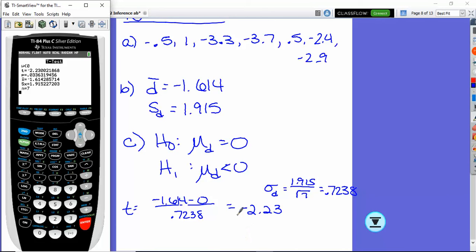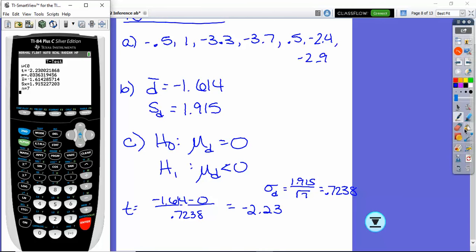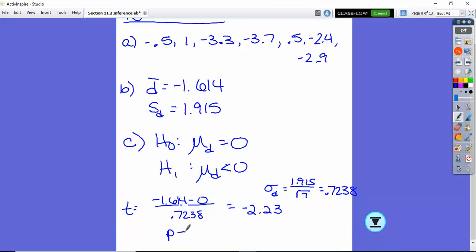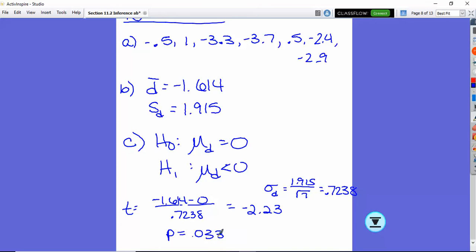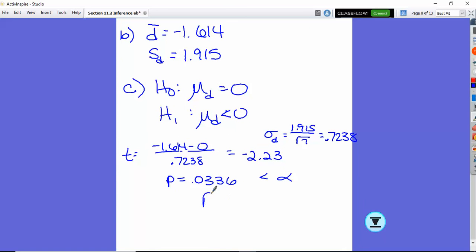Calculate. And so we notice the t is negative 2.23, which we know where that comes from. We got the same thing. Our probability is 0.0336, which is just more accurate than we can get by hand. So that is less than my alpha, so we reject.